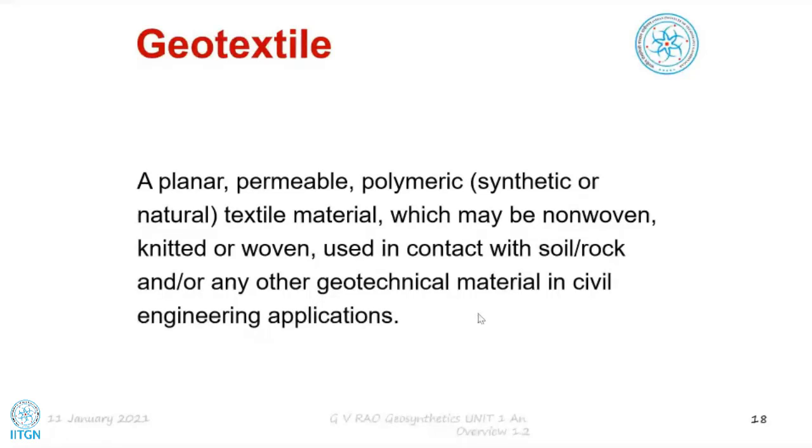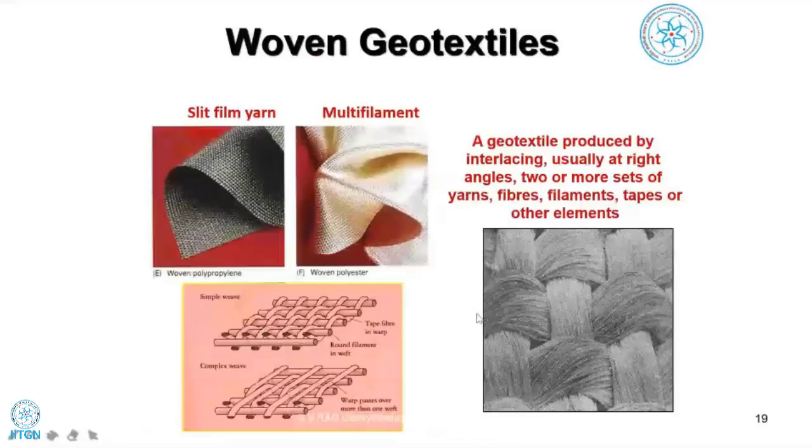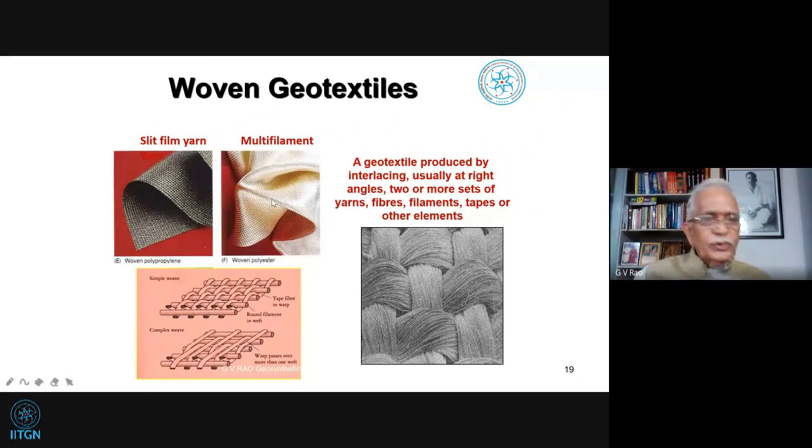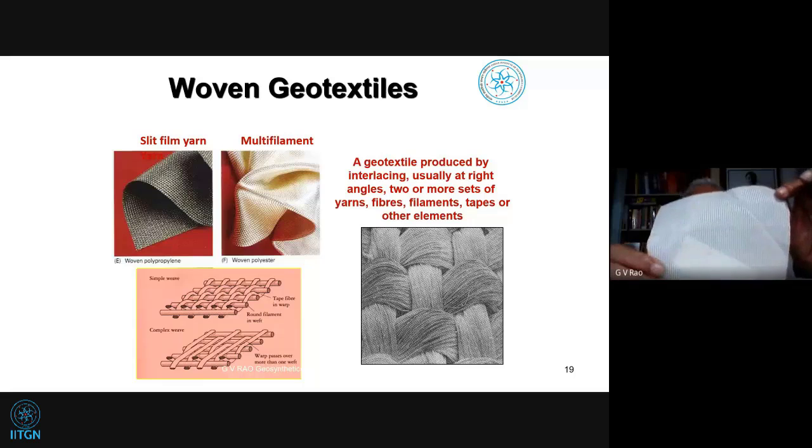So now we can think of the cloth. I have shown you slit film yarn and cloth. So this is actually a slit film geotextile, obviously a woven geotextile. And this is what we see as a multi-filament woven geotextile. So something like this I am showing you.